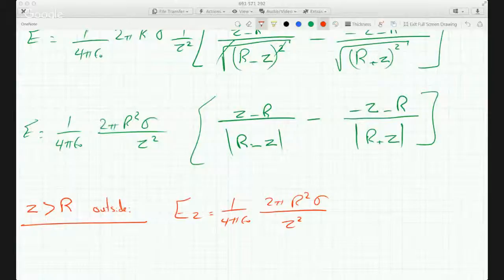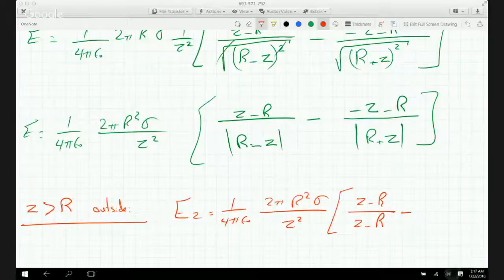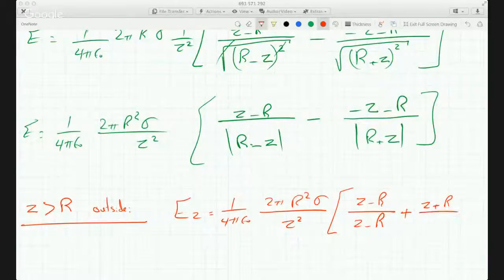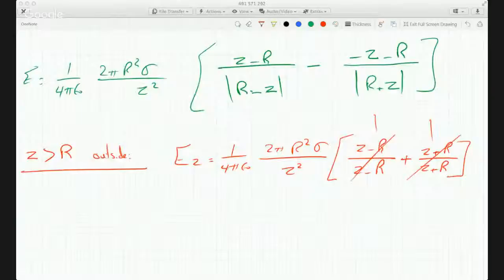The r minus z, when you remove the absolute value, becomes z minus r. So this is z minus r over z minus r, plus z plus r over z plus r, right? So this is a 1 and this is a 1. 1 plus 1 is 2. And so we get a 4 altogether.